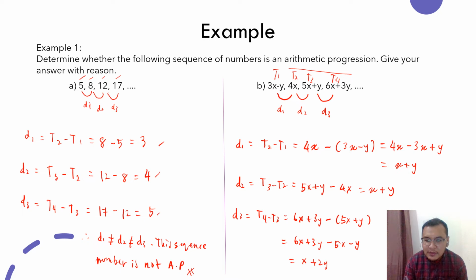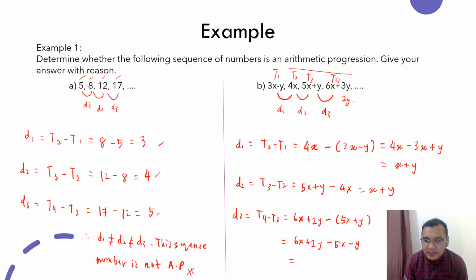Sorry, I think the question is wrong. Sorry, the sequence number is wrong. Probably T4 is 6x plus 2y.